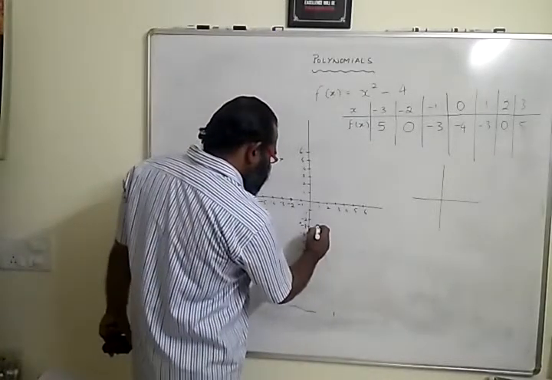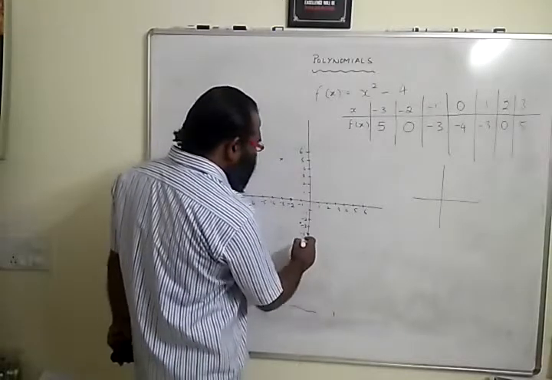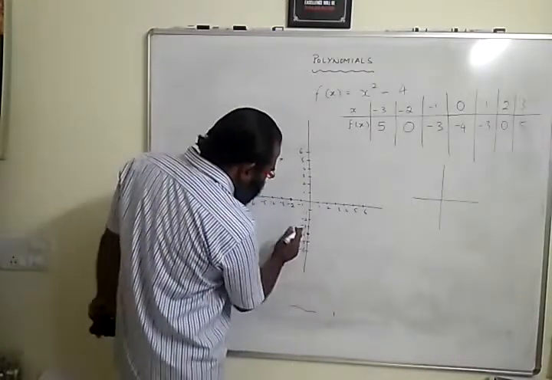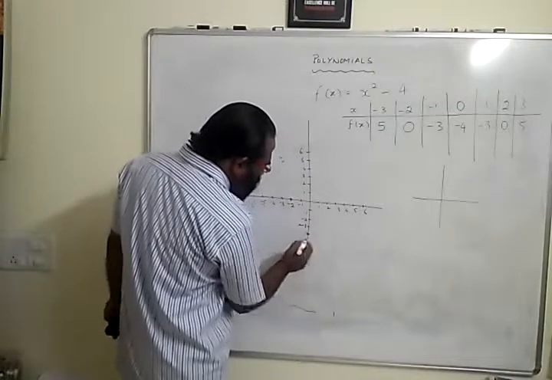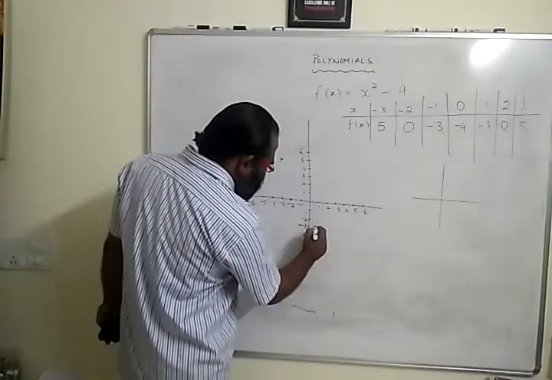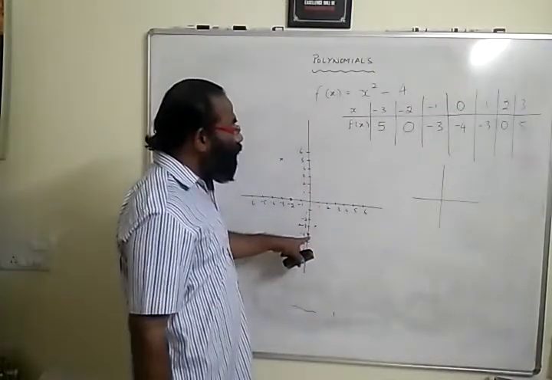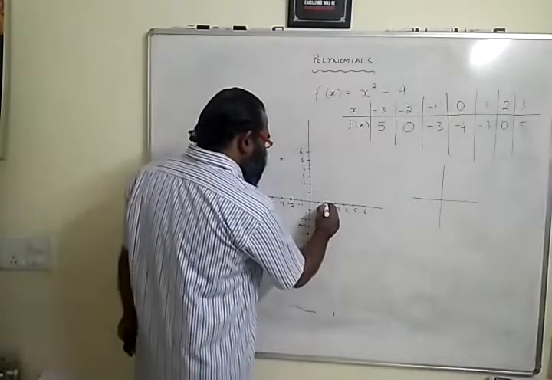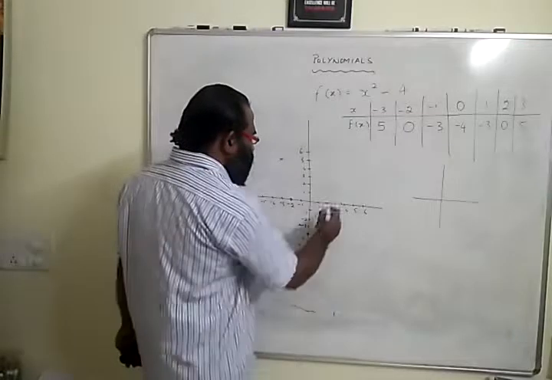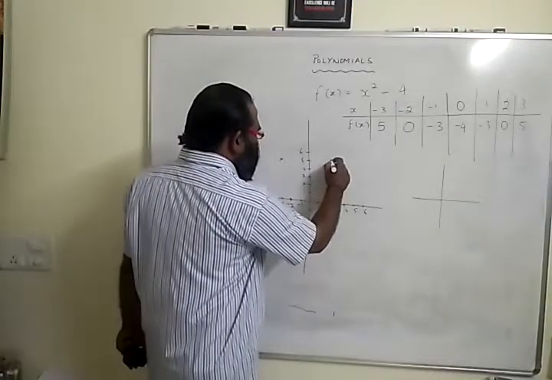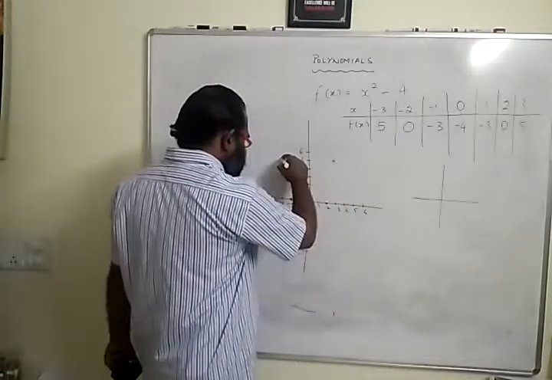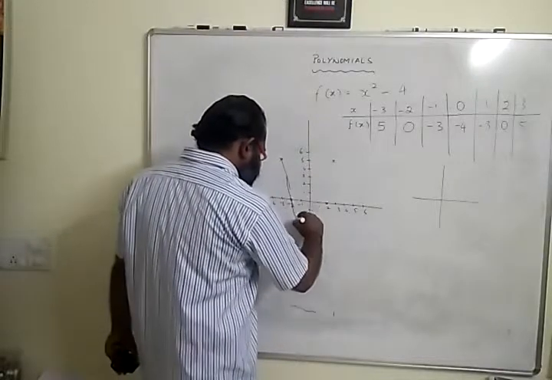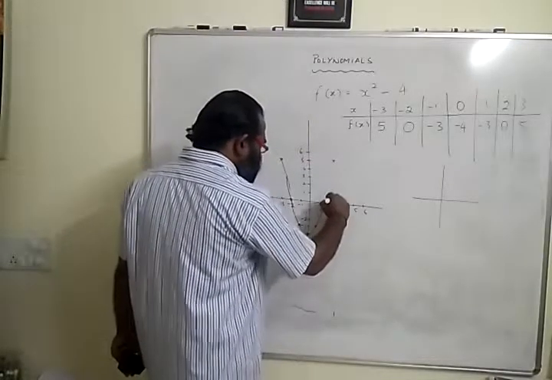Similarly, this side, 1, minus 3. Then 2, 0, and 3, 5. So it looks like this.